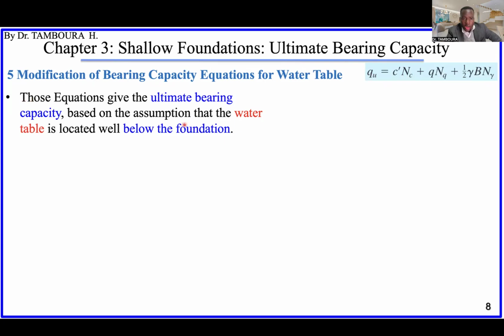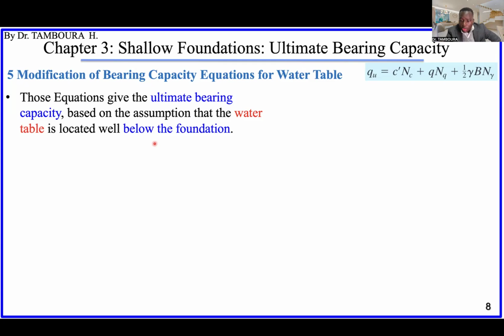Those equations give the ultimate bearing capacity based on the assumption that the water table is located well below the foundation. The water level is very deep. This is the assumption for the 6 previous formulas, the 3 for general shear failure and the 3 for local shear failure.